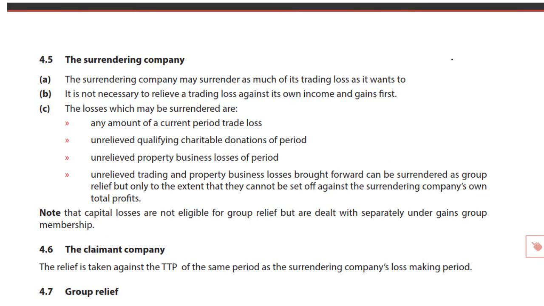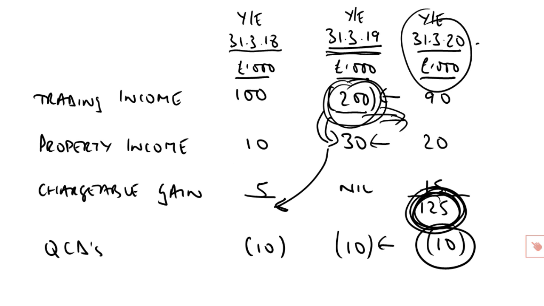In relation to the surrendering company, the surrendering company may surrender as much of its trading loss as it wants to, so any part of the loss. It is not necessary to relieve a trading loss against its own income and gains first. With the example that we had here, we discovered that any or all of that 200,000 was eligible in the year ended March 19 to be group relieved.